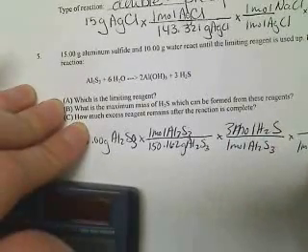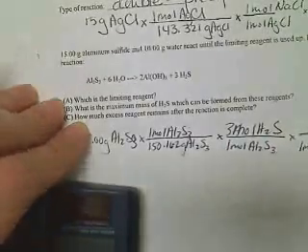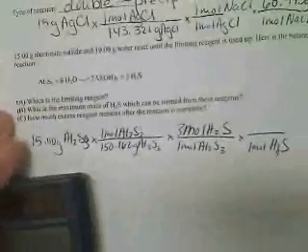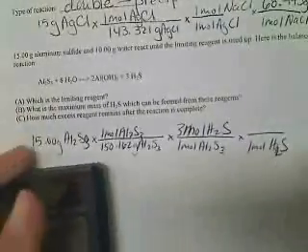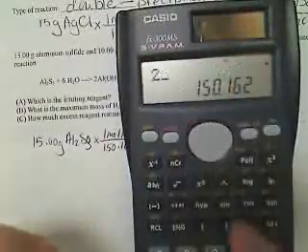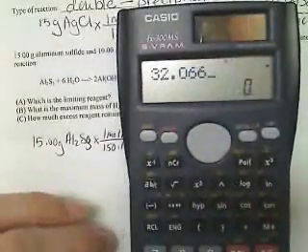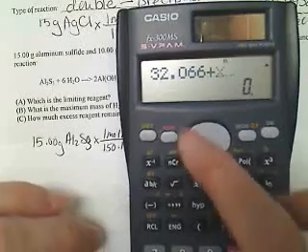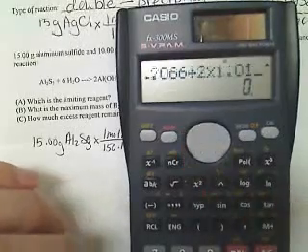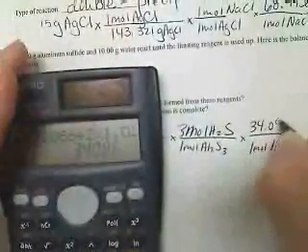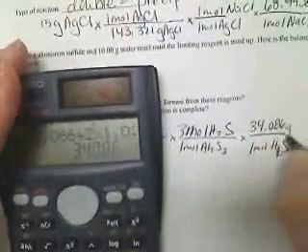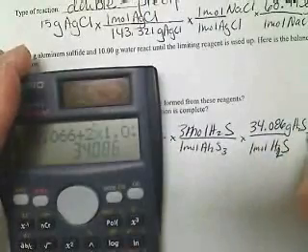And for every 1 mole of H2S, I have my molar mass: sulfur is 32.066 plus 2 times 1.01. I get a mass of 34.086 grams of H2S. Multiply everything on top, divide by everything on bottom.